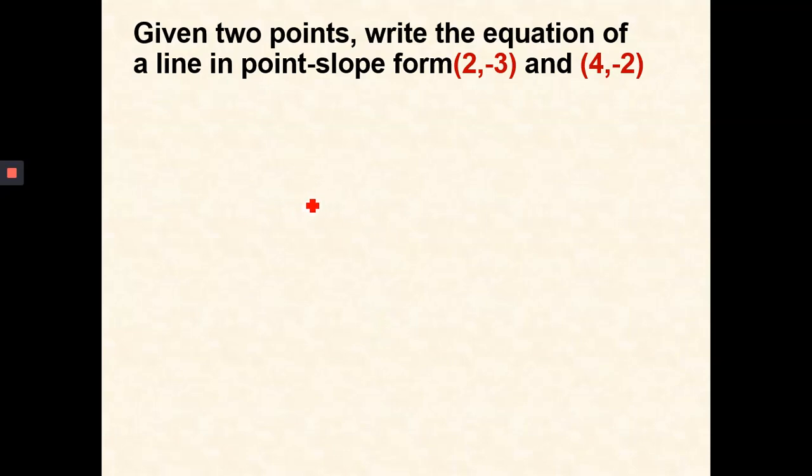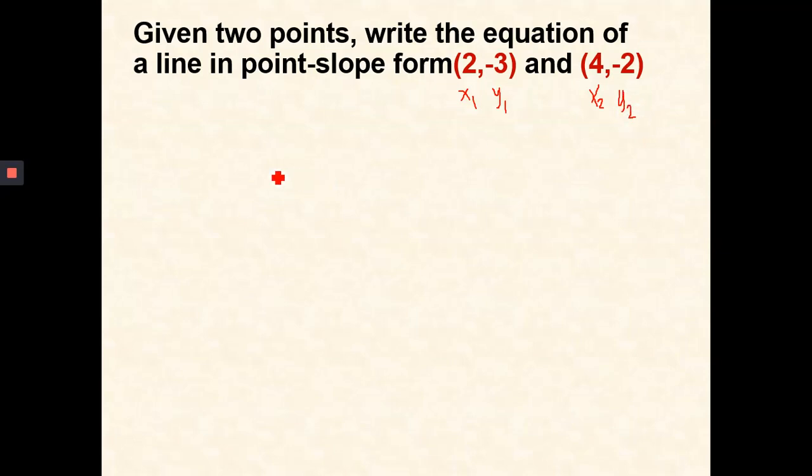What if you're given 2 points? Given 2 points, write the equation of a line in point slope form. Okay. So you have here the first ordered pair as x sub 1 and y sub 1. And your second point, the first number is x sub 2 and your second number is your y sub 2.